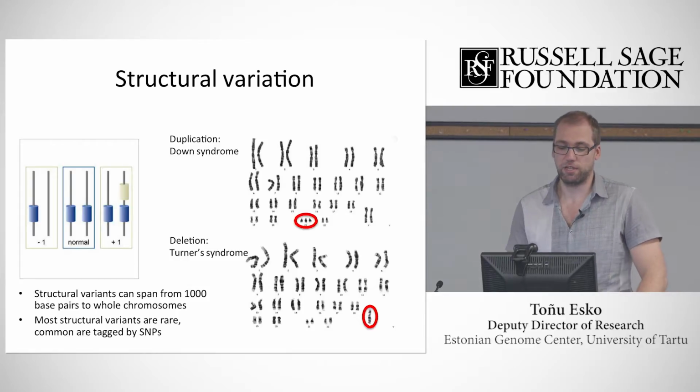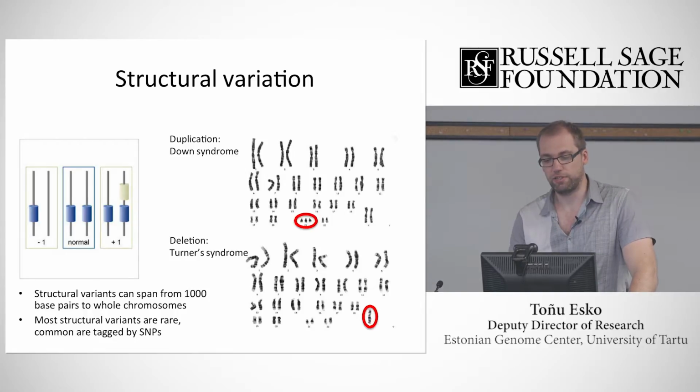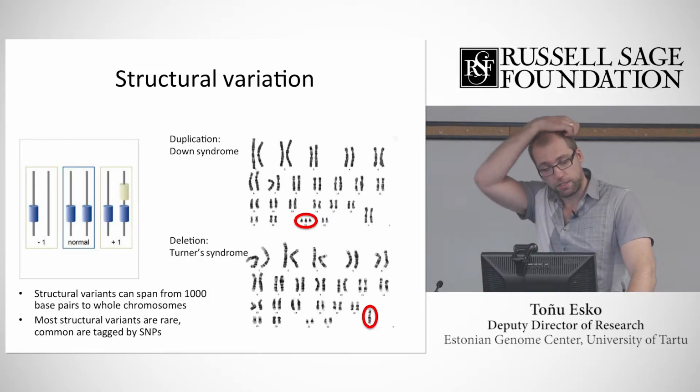Mostly it affects cognitive abilities or causes mental retardation, and there can be even more traumatic changes, where not just a single gene gets duplicated or deleted, but a full chromosome, like for Down syndrome or for Turner syndrome, where the Y gets deleted.